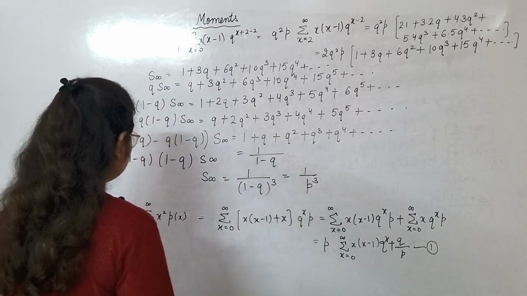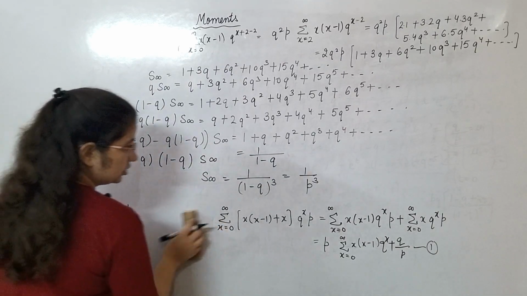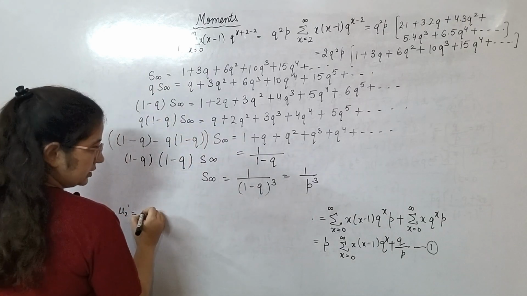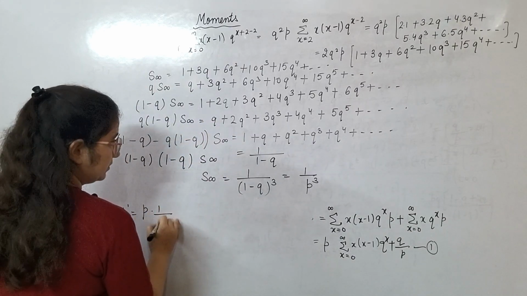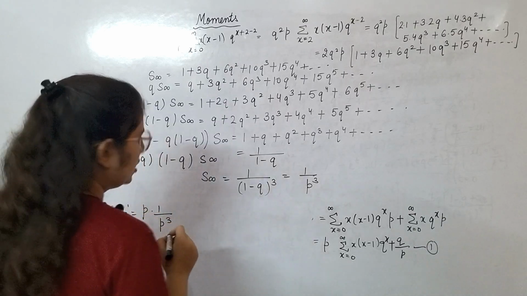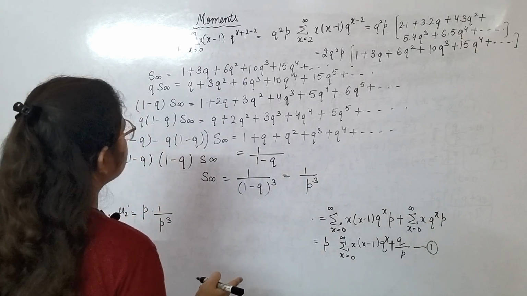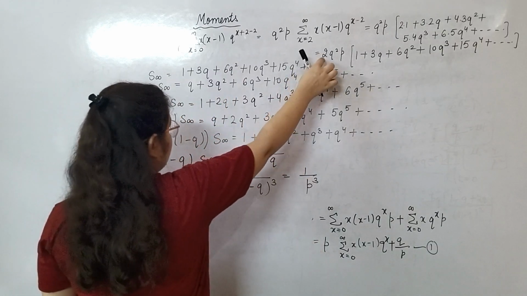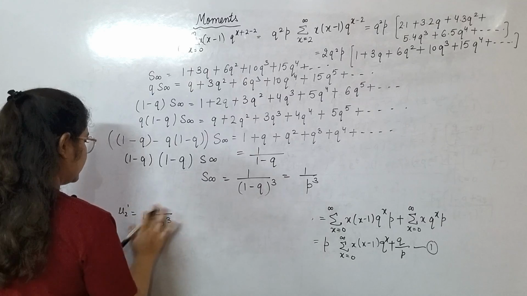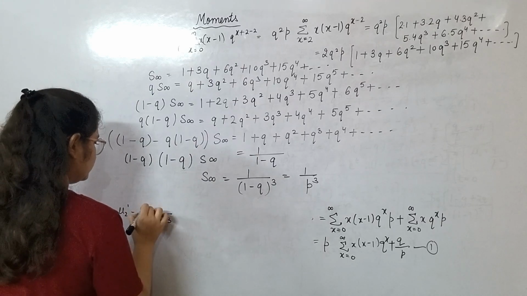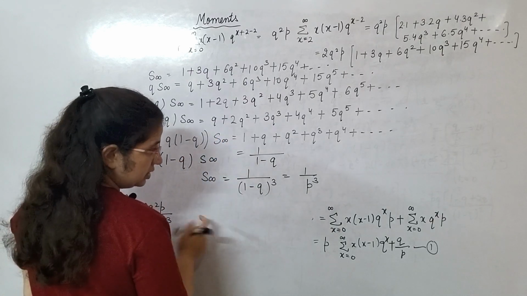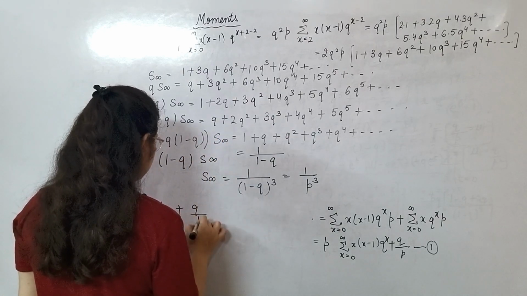Now put this in that mu 2 dash form here. Mu 2 dash will be 2q square p into 1 by p cube plus q by p.